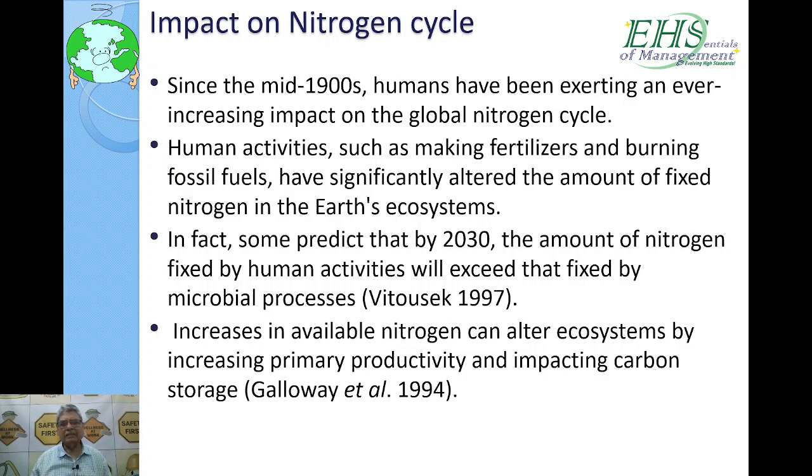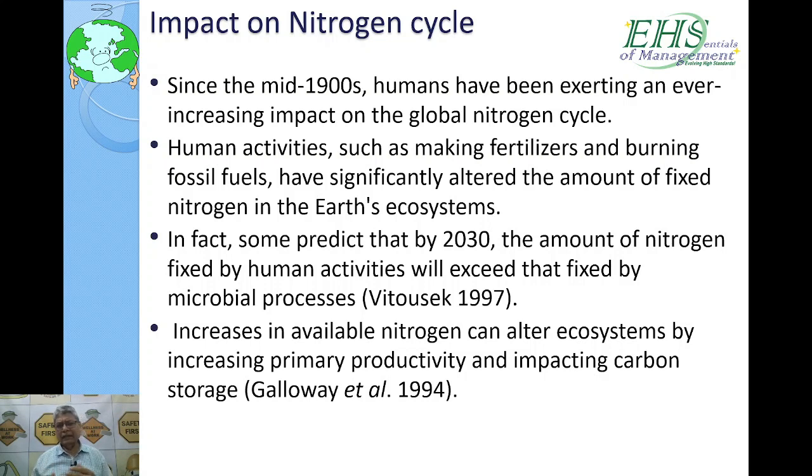In fact, some predict that by 2030, the amount of nitrogen fixed by human activities will exceed that fixed by the microbial process. So the natural microbial process of nature fixes a certain amount of nitrogen; the nitrogen fixation by human activities will be more than that.